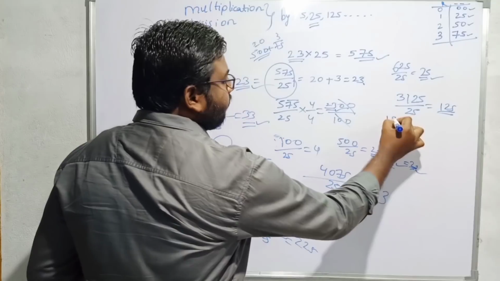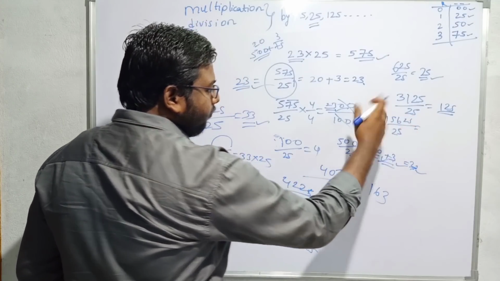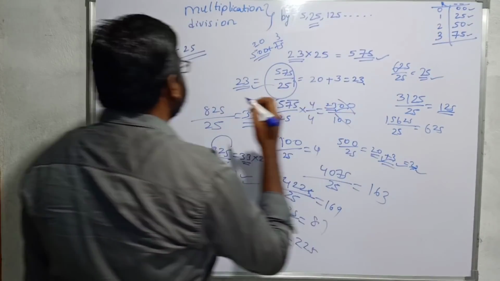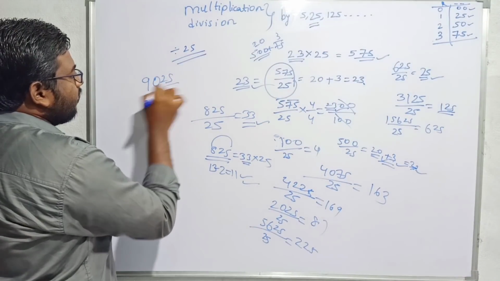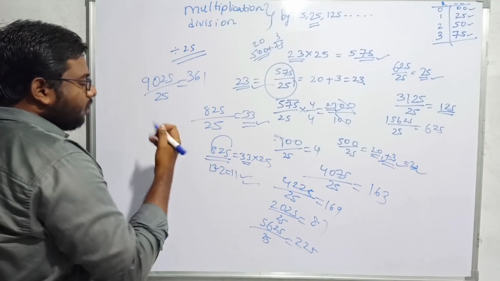If I take 15625 by 25, I have to multiply this with 4. What will I get? 600, 624, 625. For example, if I take 9025 by 25, this is nothing but 360 plus 1.